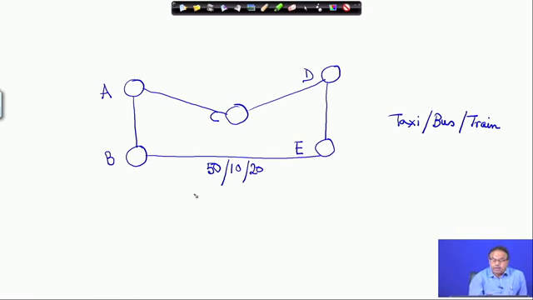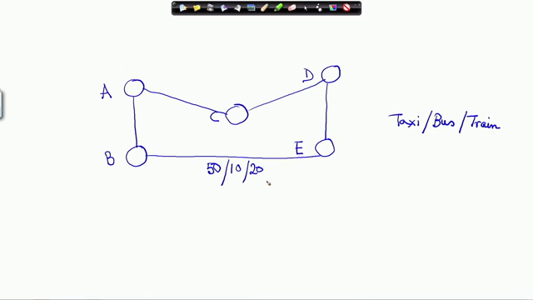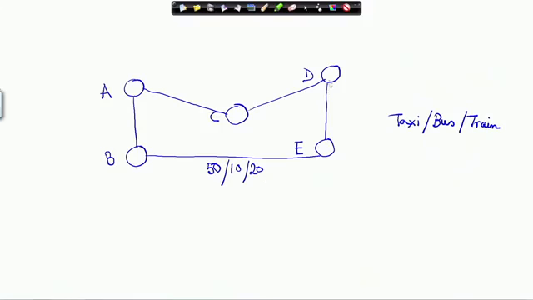And also of course, according to the mode of transport that I take, the time taken will also be different. Say from D to E, I can go by taxi and that will cost me 30 rupees, and by bus it will cost me 5 rupees, and there is no train between these two, all right.